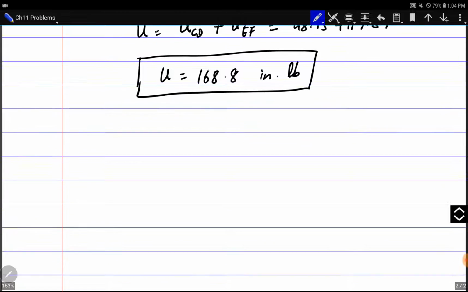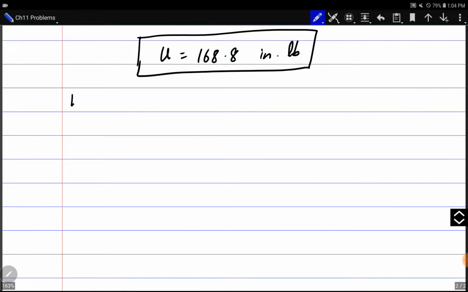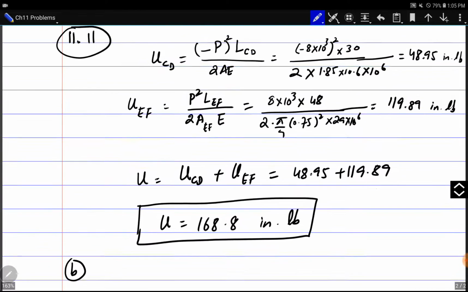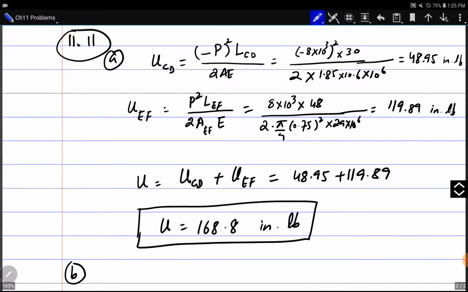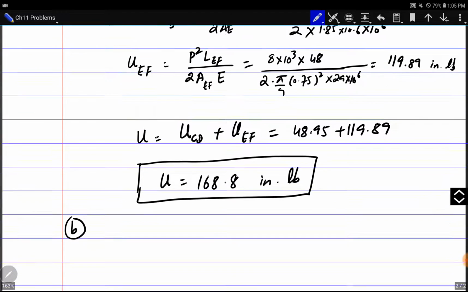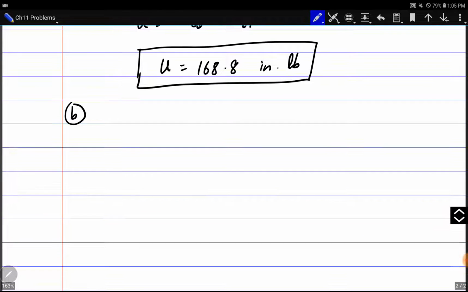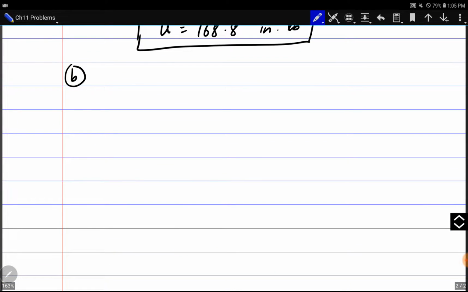In part B, we were asked to calculate separate strain energy densities for pipe CD and rod EF. Okay, for that strain energy density is actually equal to sigma square divided by 2E. E is different for both of them, sigma is different for both of them.